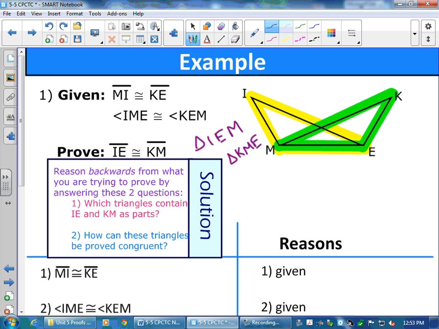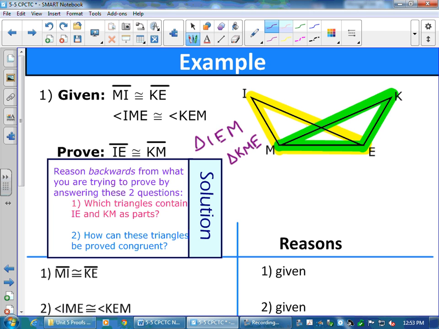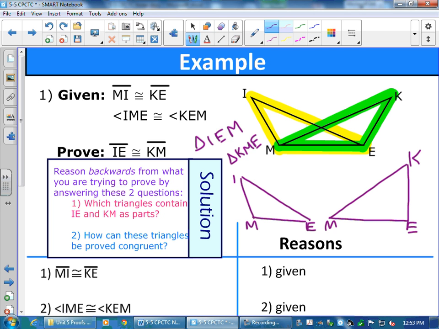I'm going to redraw these triangles out. Redrew them. And let's look at what we have for our givens.